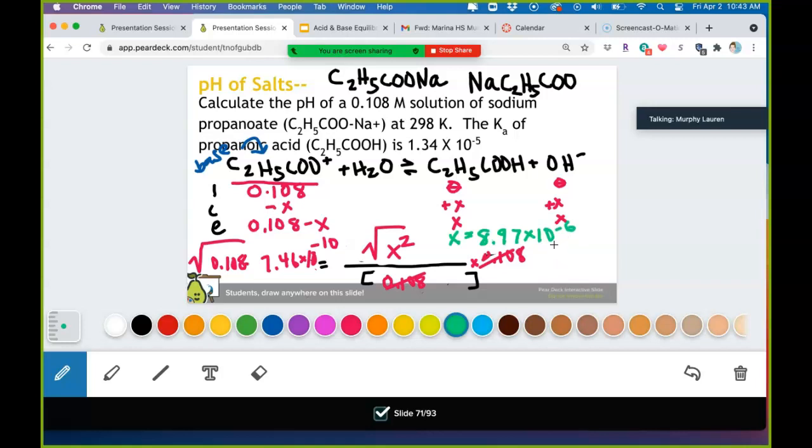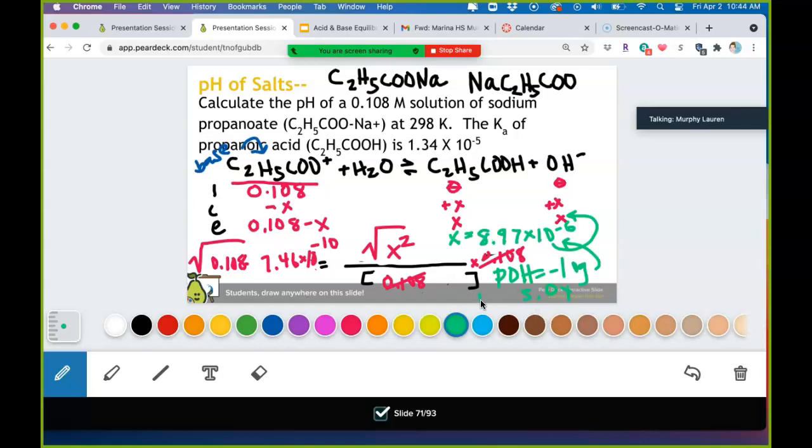Well, x is my OH, so I could find pOH. If I take the opposite of the log of OH, which is this number right here, I get a pOH of 5.04 something. But I didn't ask for pOH, I asked for pH.